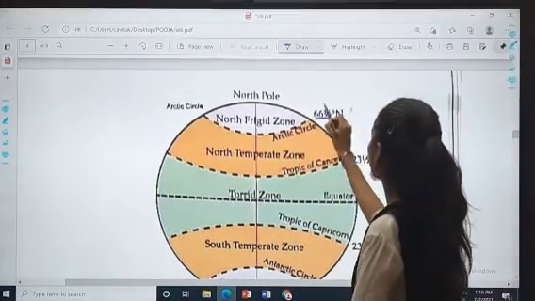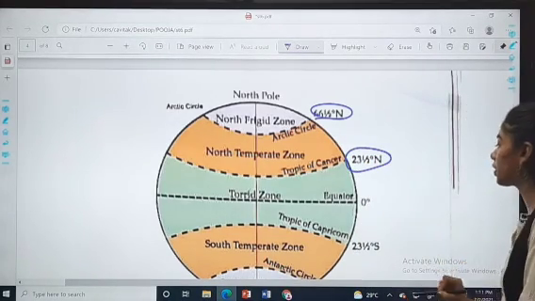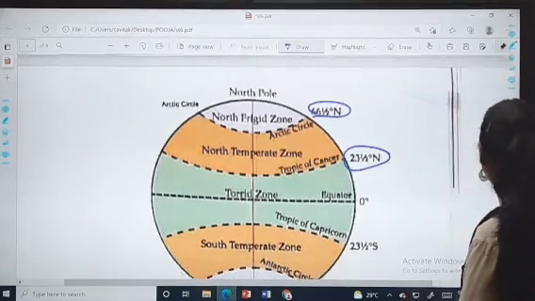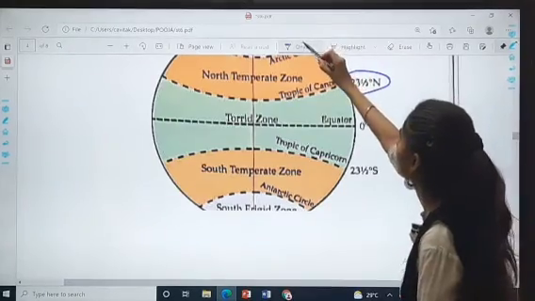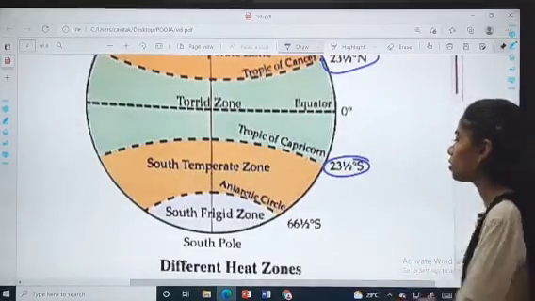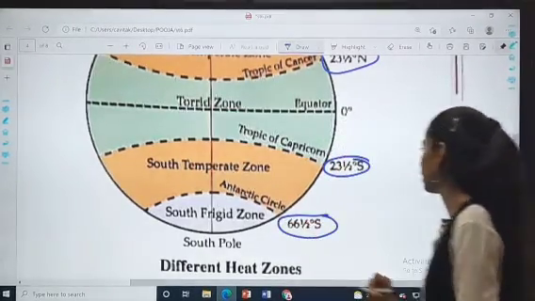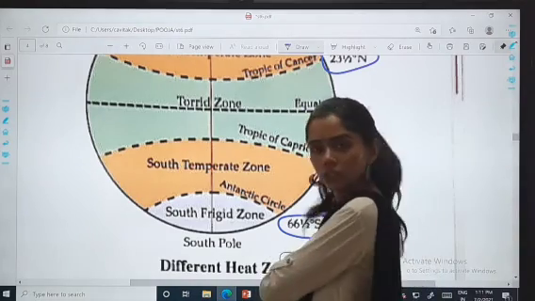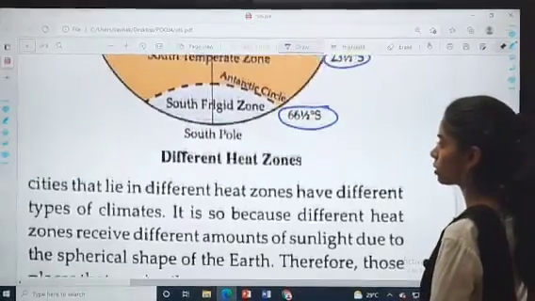It is over here, see, 66.5 degree north, 23.5 degree north, 23.5 degree south. See over here. 23.5 degree south, and over here 66.5 degree south. Is it clear, students? So over here it is now different heat zones.